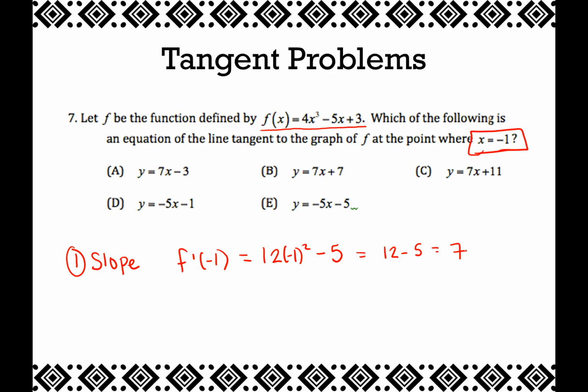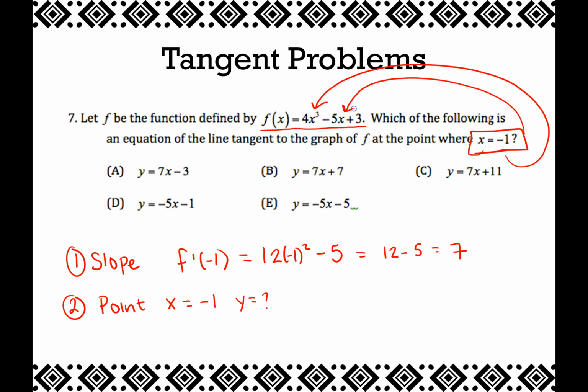All right, the next thing that we want to do is we want to find a point. Well, we know x is equal to -1, but what is y equal to? Well, if you're finding the point, you have to use your original equation and plug in -1 into your original equation. So this is going to give me 4 times -1 cubed minus 5 times -1 plus 3.